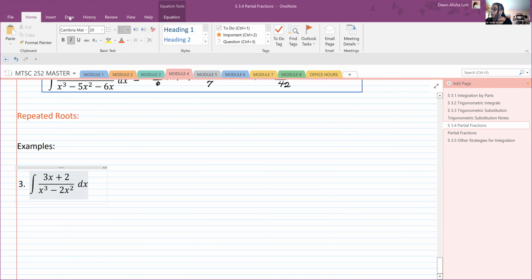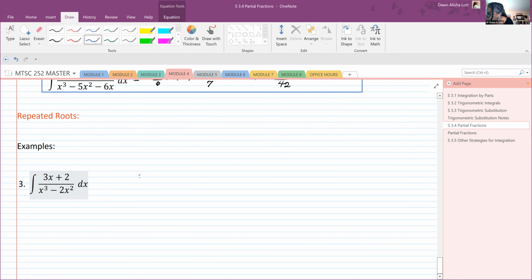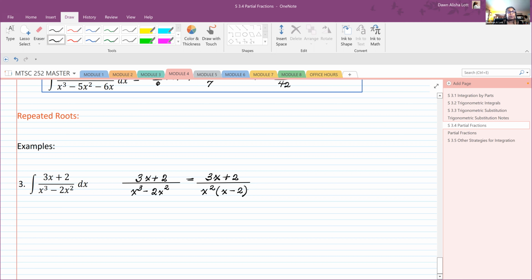Let's start off with 3x plus 2 divided by x cubed minus 2x squared. We factor out an x squared, and that leaves us x minus 2. So this is fully factored.